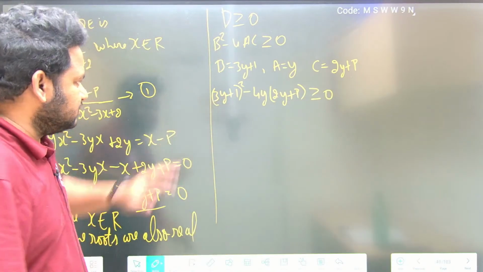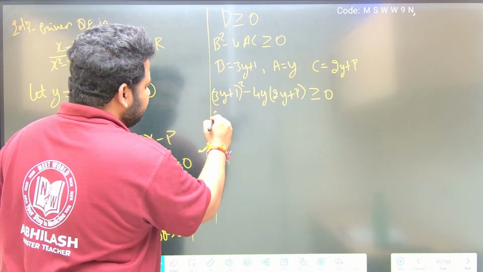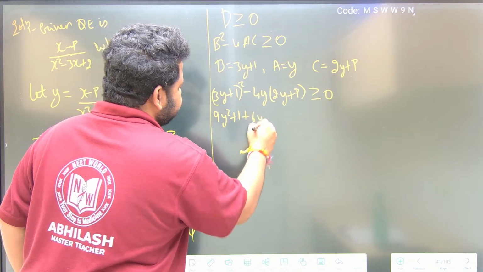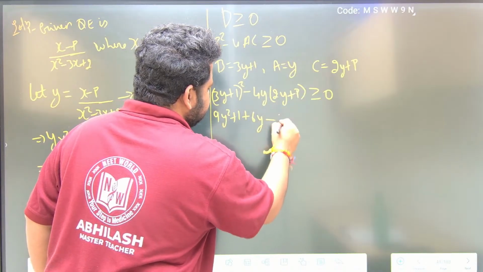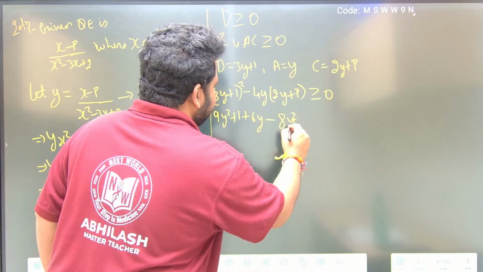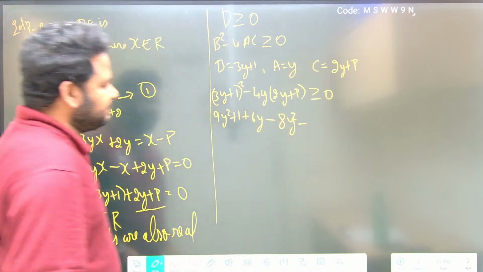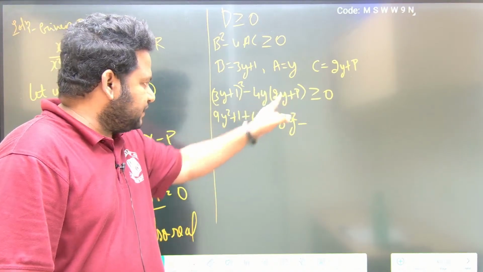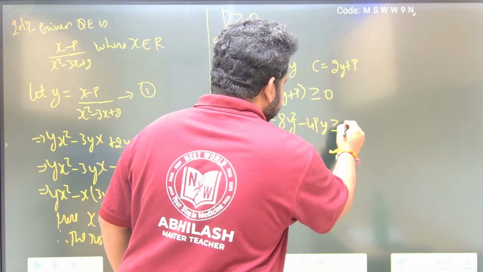Now solve this. (3y plus 1) whole square, I can write this as (a plus b) whole square, which becomes 9y square plus 1 plus 2 times 3, that is 6y, minus 4 into 2 is 8, y into y is y square. Be careful with the sign: minus into plus, I am having minus 4 into y into p, that is 4py, greater than or equal to 0.